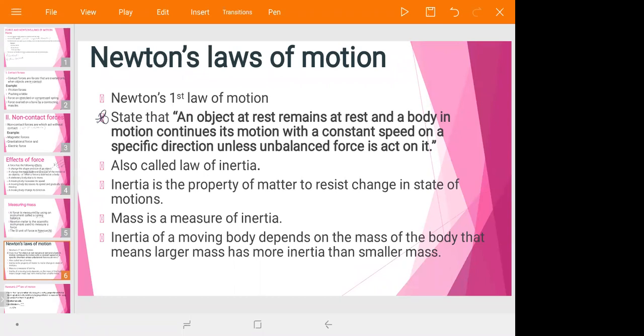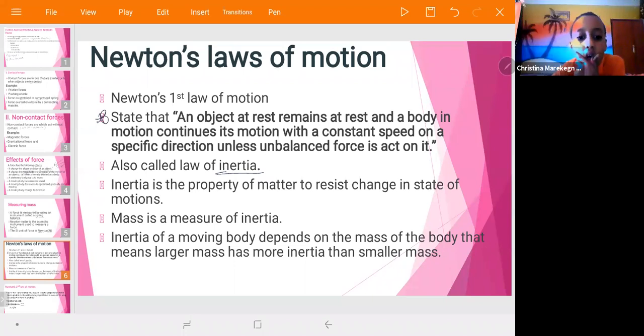Have you understood? So Newton's first law states this, and it is known by the name of the law of inertia.